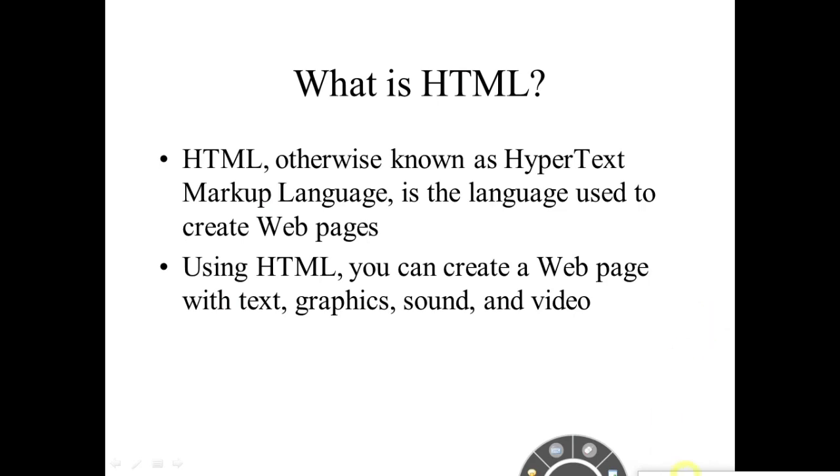Now the definition of HTML: it stands for Hypertext Markup Language, the language used to create web pages. Using HTML you can create a web page with text, graphics, sound and video. Using HTML tags we can create text-oriented websites, graphics-oriented websites, and you can add sound files and video files in your websites.